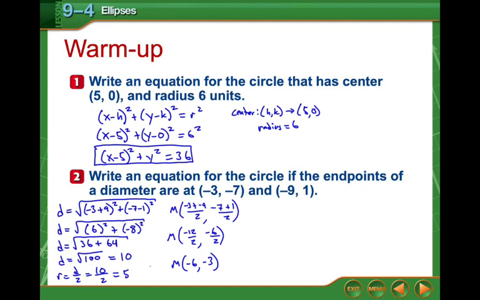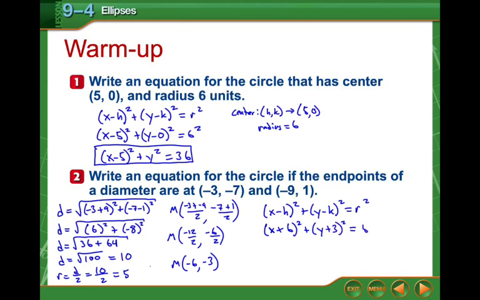We're ready to go ahead and plug it into the formula. x minus h squared plus y minus k squared equal to the radius squared. And our h and k are what we just found. Since they're both negative, we've got to change the sign to positive inside of our parentheses for both of these.